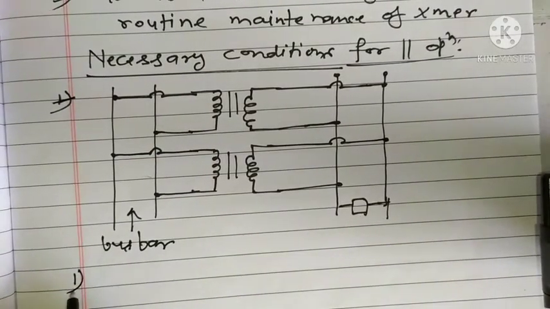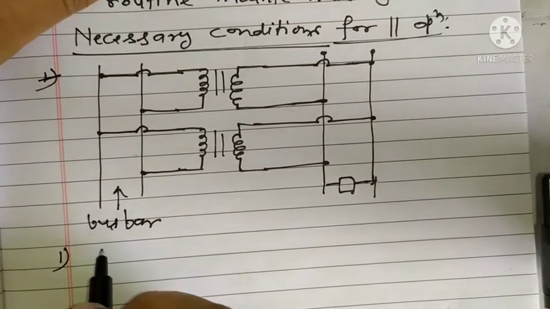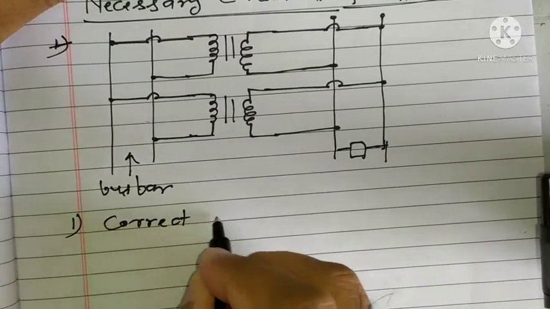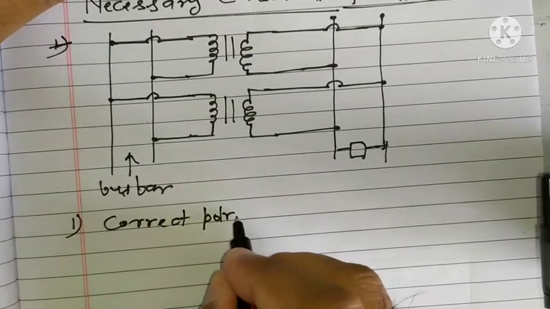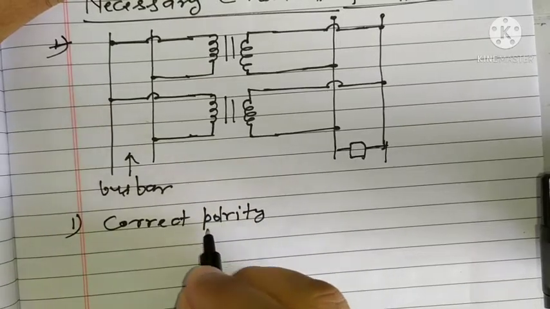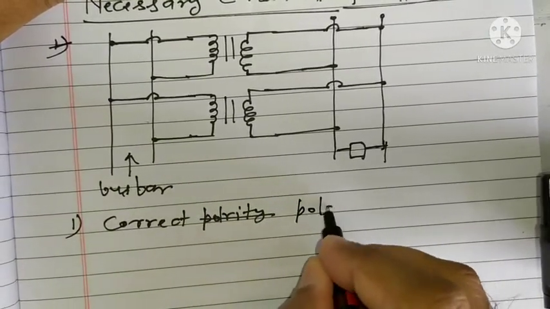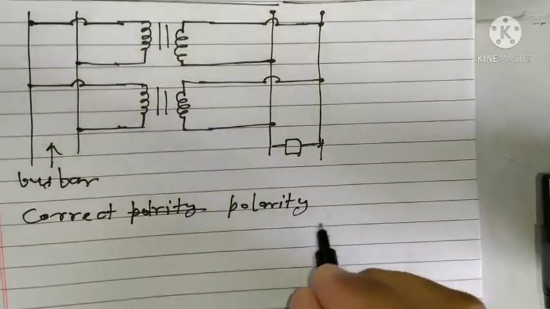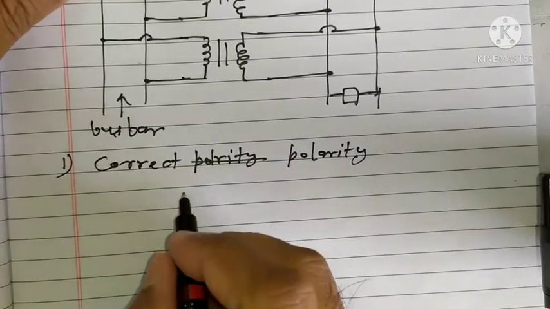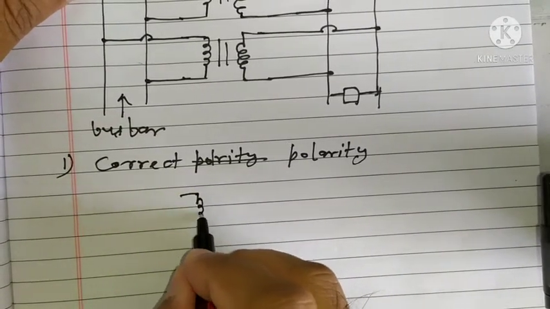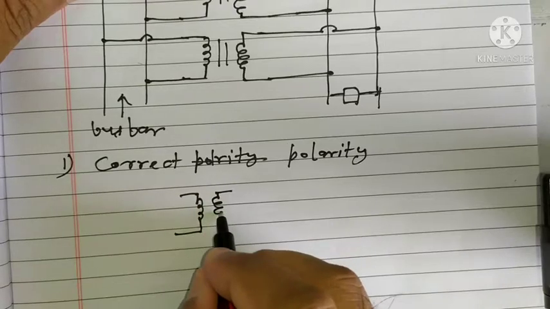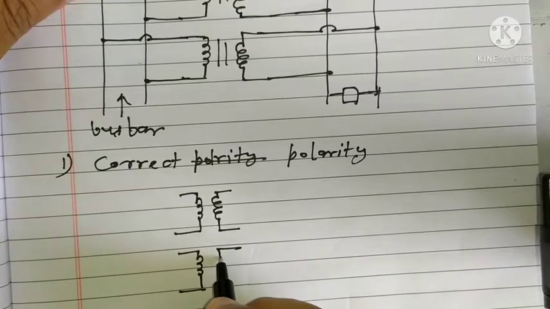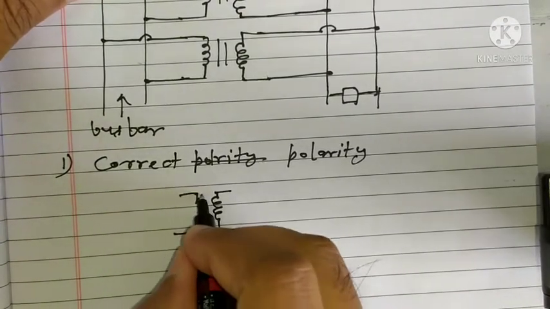So let us see the conditions. The very first condition is that the transformers should be connected with correct polarity. What does it mean? Say these are the transformers, and these are the dots.